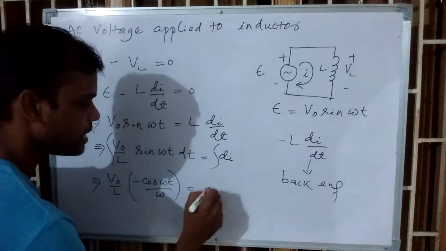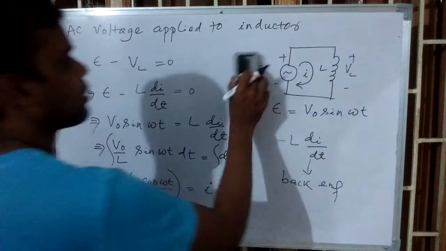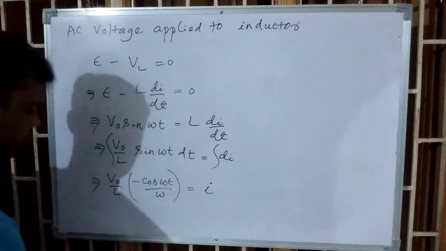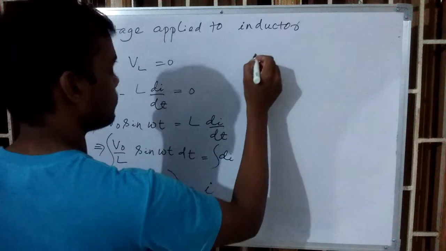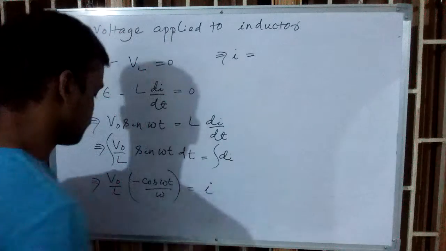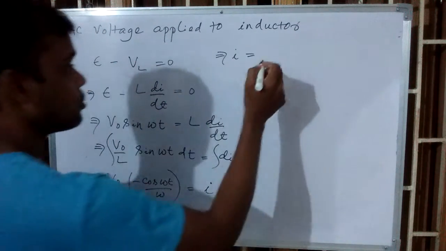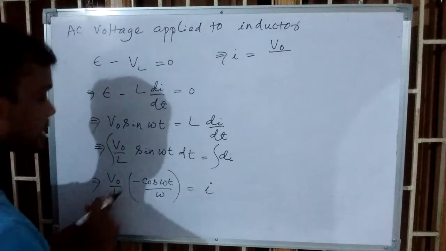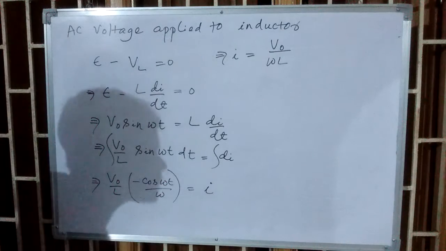This is equal to the integral of di, which is simply I. Now, I is equal to minus V naught by L. First write down V naught by omega; take omega outside the bracket. So omega L, minus cos omega t.